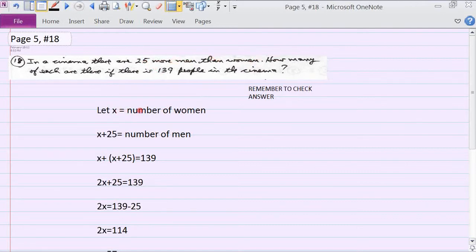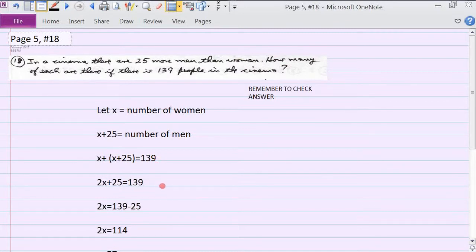We start with the number of women, being X. The number of men is X plus 25, and the sum of the women and the men is 139. So when we sum these terms together, we get the total number of people in the cinema.